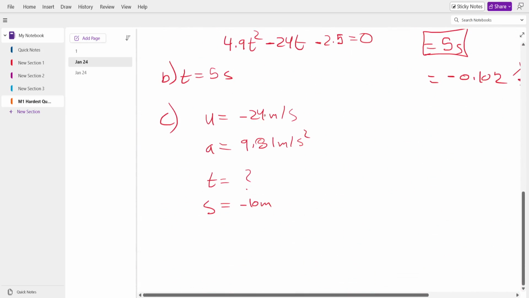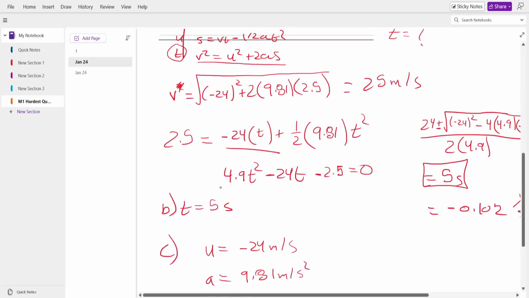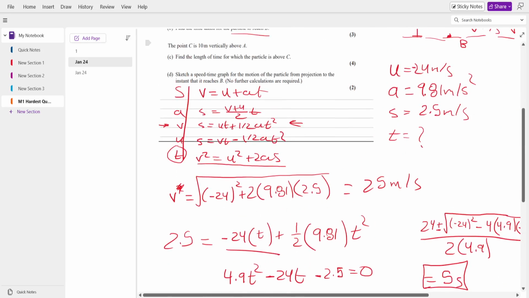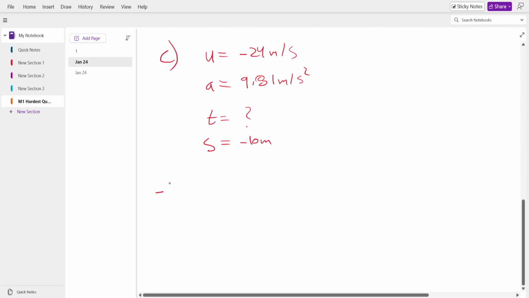So let's check which equations we can use. We have U, A, T, S. I didn't mention V, so I'm going to use the equation without V. So S, which is negative 10, equals UT, which is negative 24 times T, plus half times A, which is 9.81, times T squared.